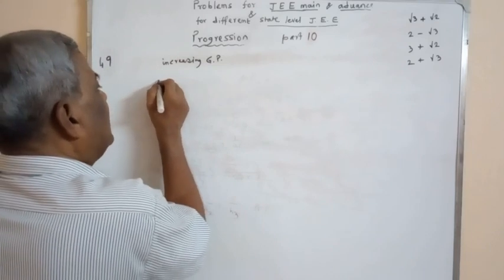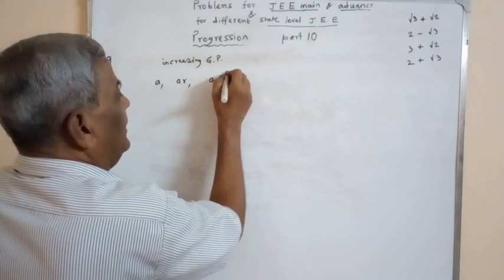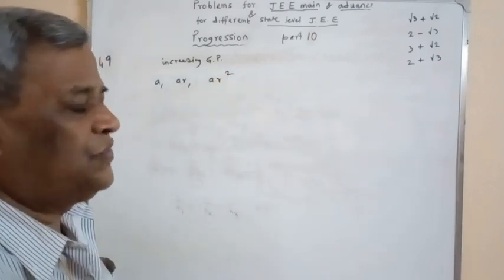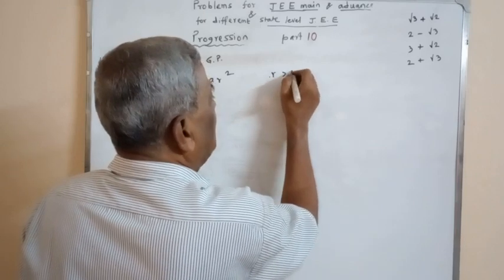Suppose these numbers are A, AR, AR square in an increasing GP. So we must have r greater than 1.